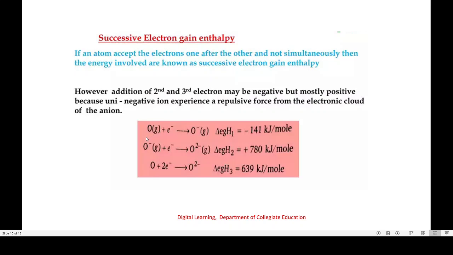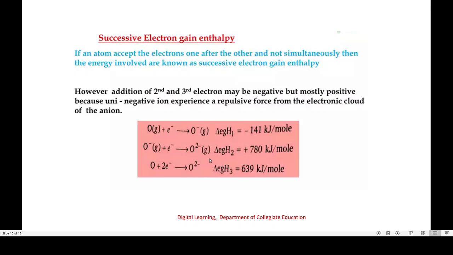Thus, in the case of oxygen, the first electron affinity or electron gain enthalpy is around minus 141 kilojoules per mole. However, for the anion of oxygen, when we add the second electron, the electron gain enthalpy is plus 780 kilojoules.